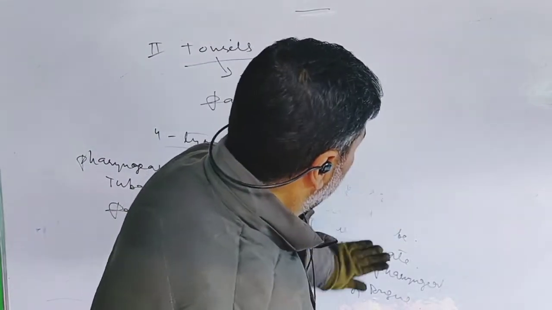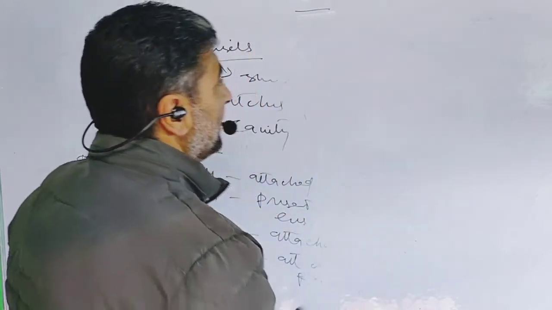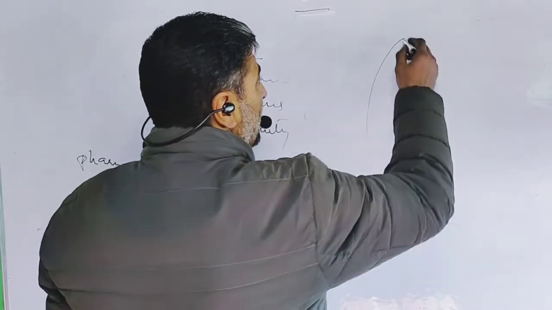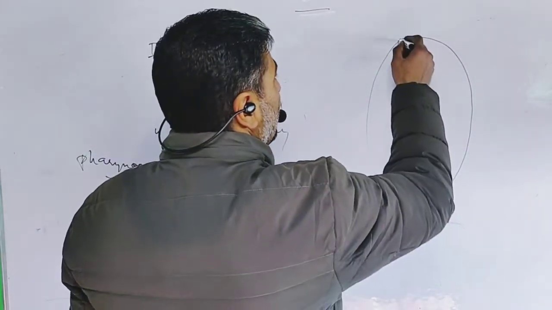In the buccal cavity, when these four types of tonsils join together, they form a ring-like structure. That is called Waldeyer's ring.